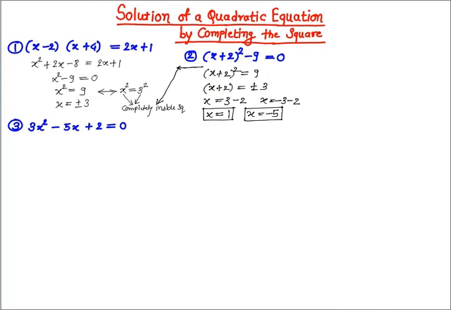It means we can convert any quadratic equation of the form ax² + bx + c = 0 into this form, that is (x + a)² = b². Here we are actually converting the quadratic equation into a completing the square form, that just by taking the square root, we can easily find the roots of the quadratic equation.